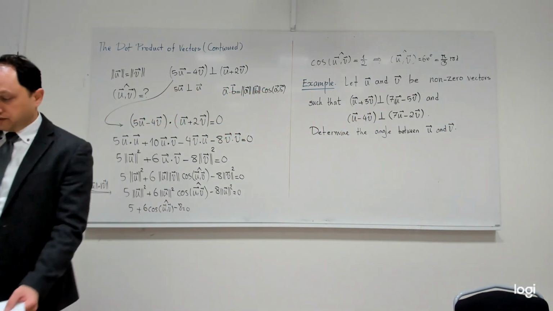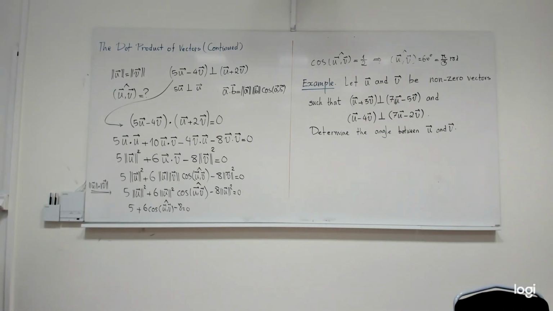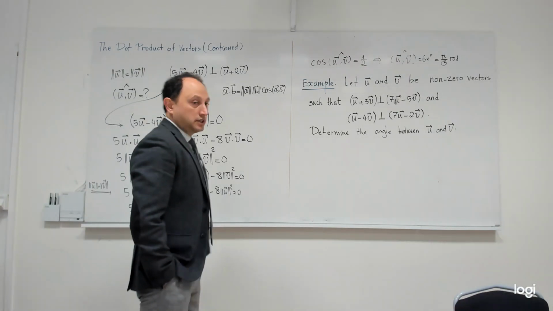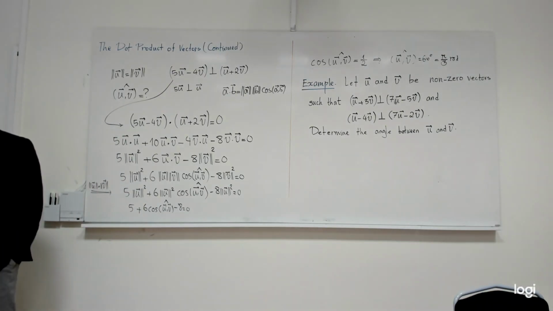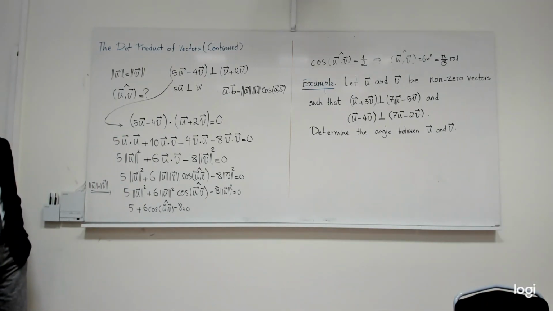So I told you that whenever you want to calculate the angle between two vectors, you need to think about the dot product. Maybe that is the answer. So that would be the good strategy. Okay, so I will pause recording the video for 5 or 6 minutes, and then I want you to think a little bit about the problem.